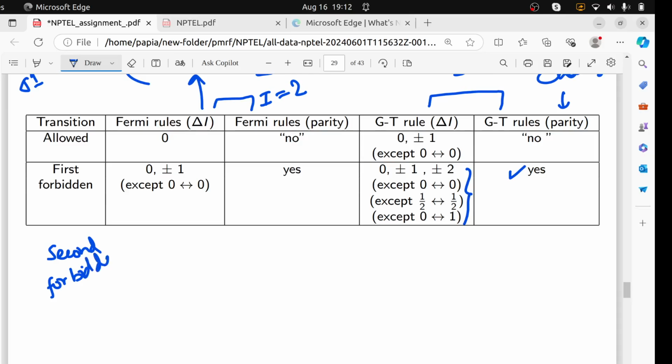I did not write that one, so it should not be done. Okay, fine. For this case, it will be for Gamow-Teller type, delta I should be +-3 and their parity should be no change.